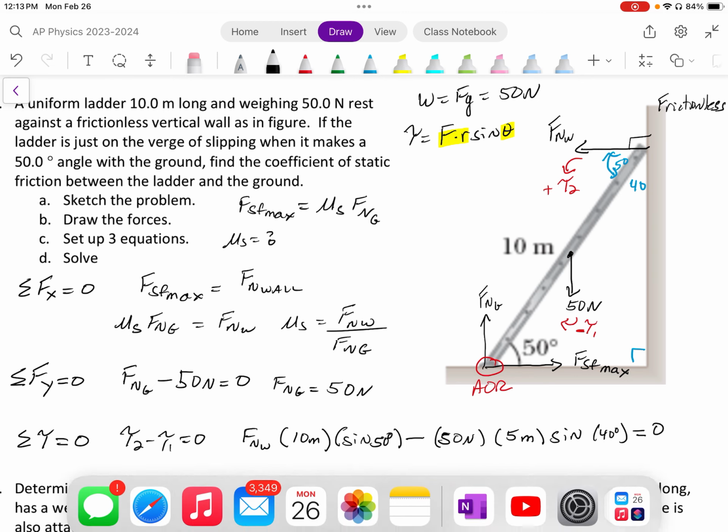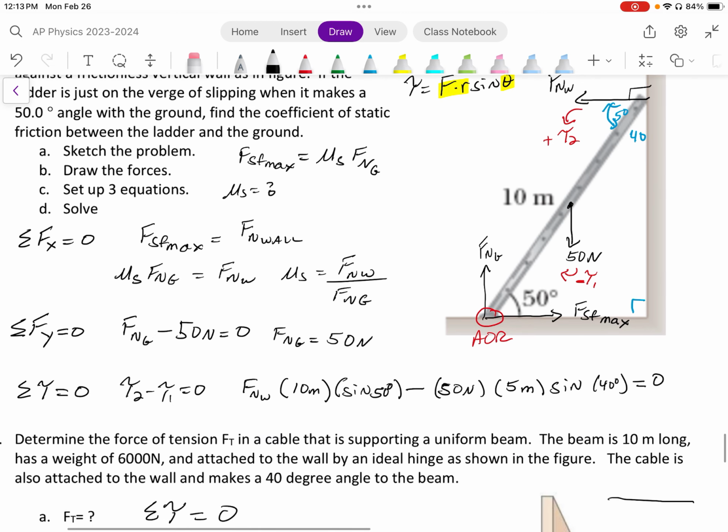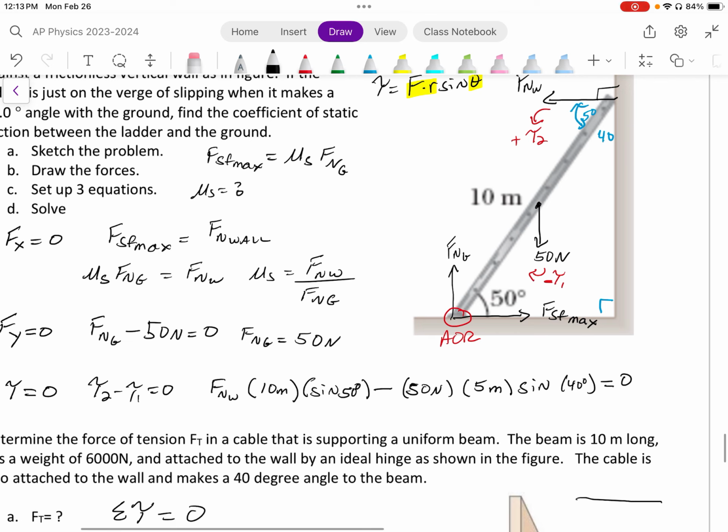The only unknown in this equation that I just set up was the force normal from the wall, which is the last piece of information that I must find in order to answer the question. So if I rearrange that equation properly and plug that into my calculator properly, I will get 20.979 newtons.